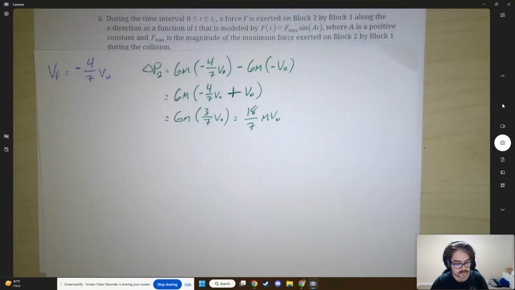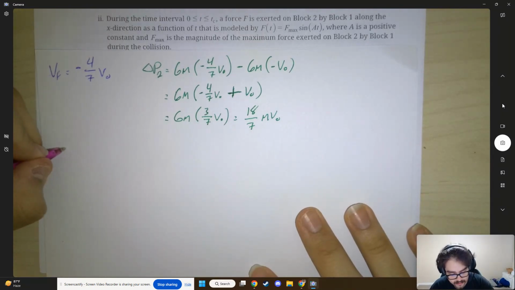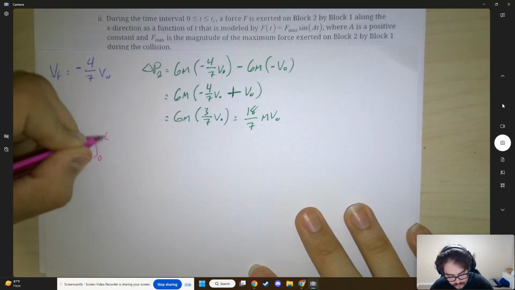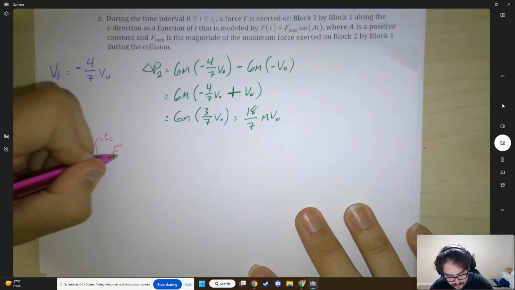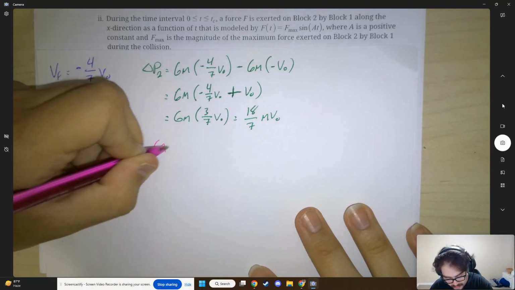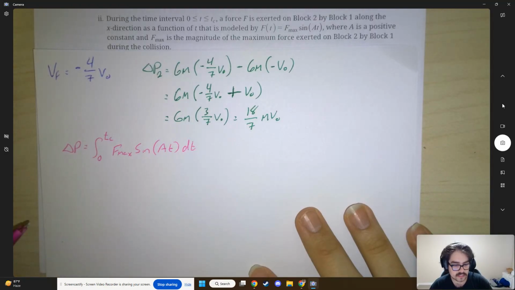Okay. So then when I plug this in, I'm going to now have to do the actual calculus part of this, where I know that the change in momentum is equal to the integral of the force function, F max times sine of AT dt, from 0 to t sub c.